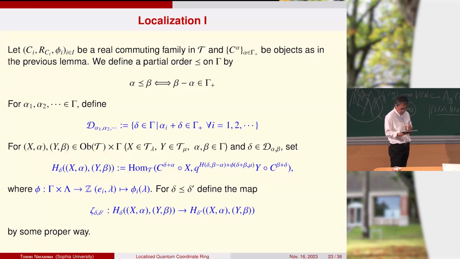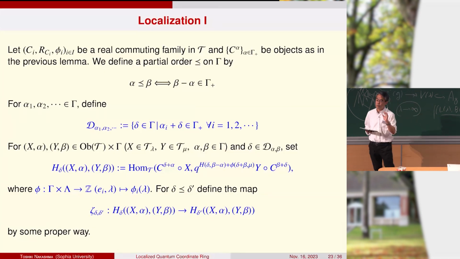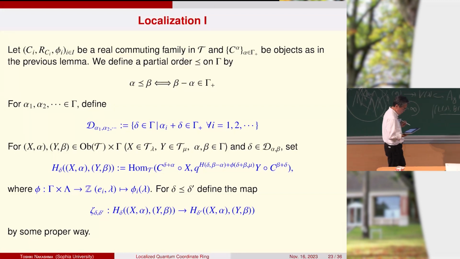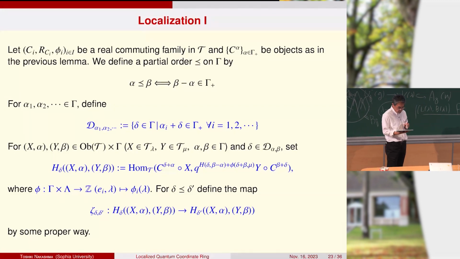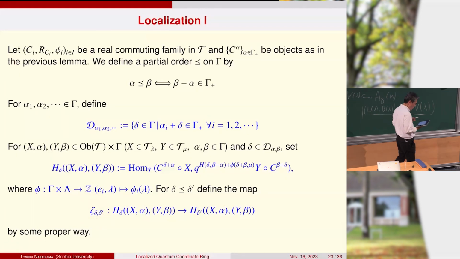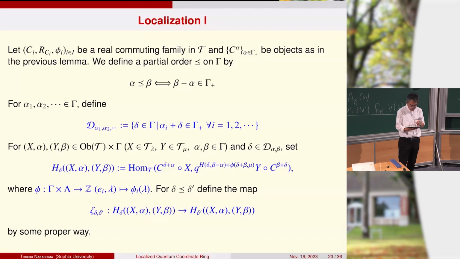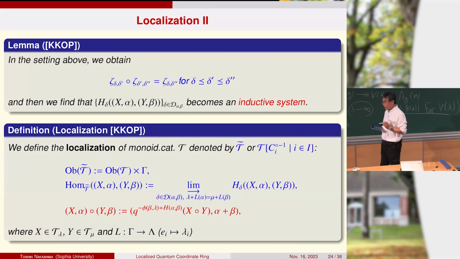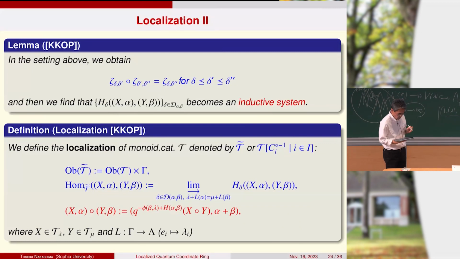It's really complicated, so I won't say anything on it. There are some q powers. Q power means just a grading shift. Okay. The important result is that there exists a map, zeta, from here to here. So this has the structure of an inductive system. Then we can consider the inductive limit of this set.